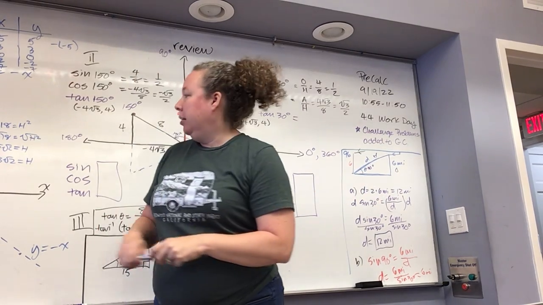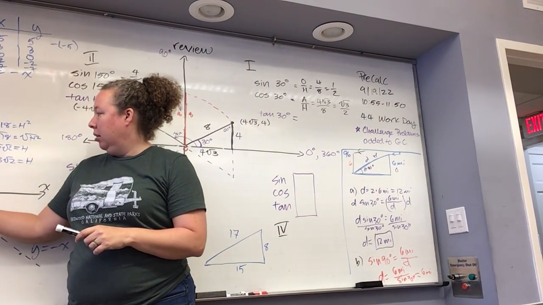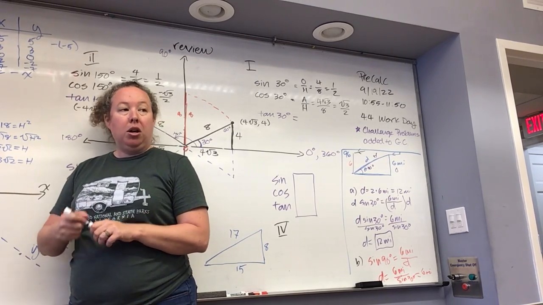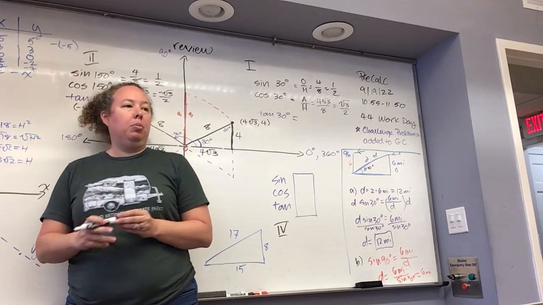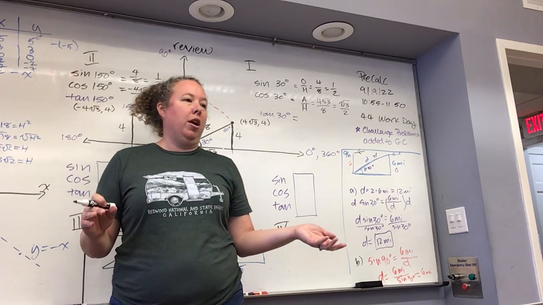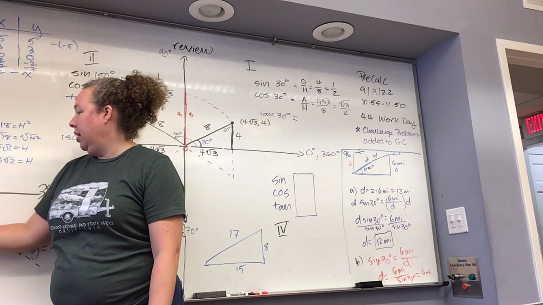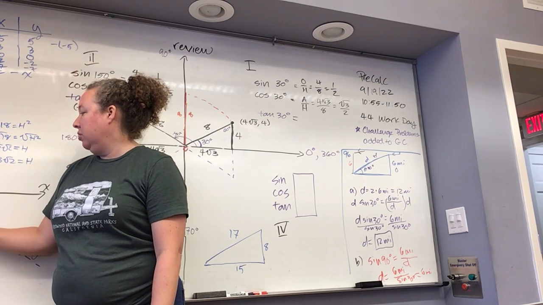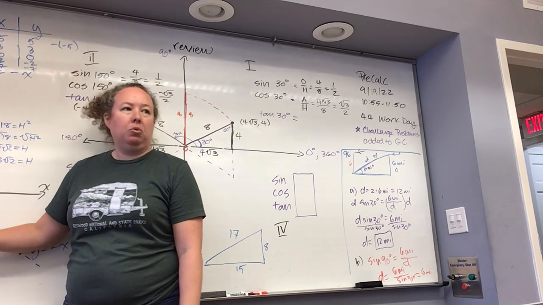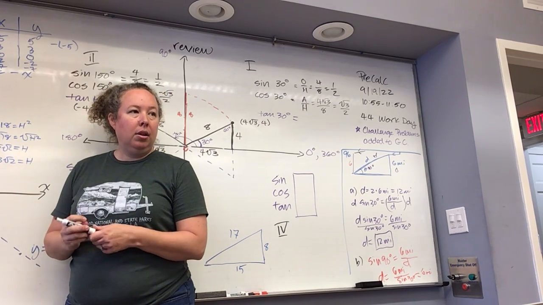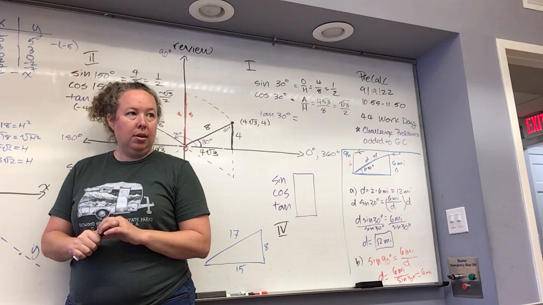You can use the same -3 if you want to. Because remember, the proportions are independent of the size of the triangle. So if you make this -3 and this -3, this is still going to be 3 times the square root of 2. Because it has the same proportions, it'd have the same sine and cosine.